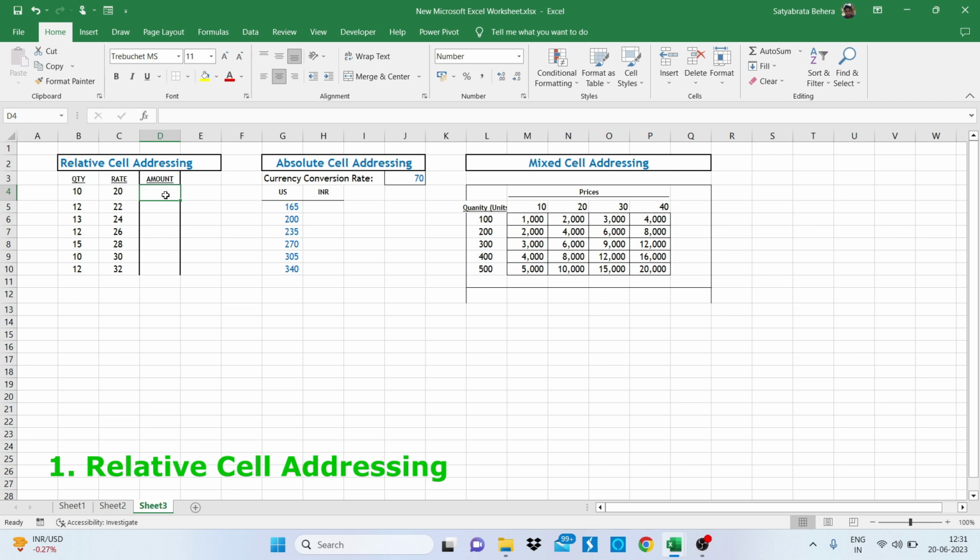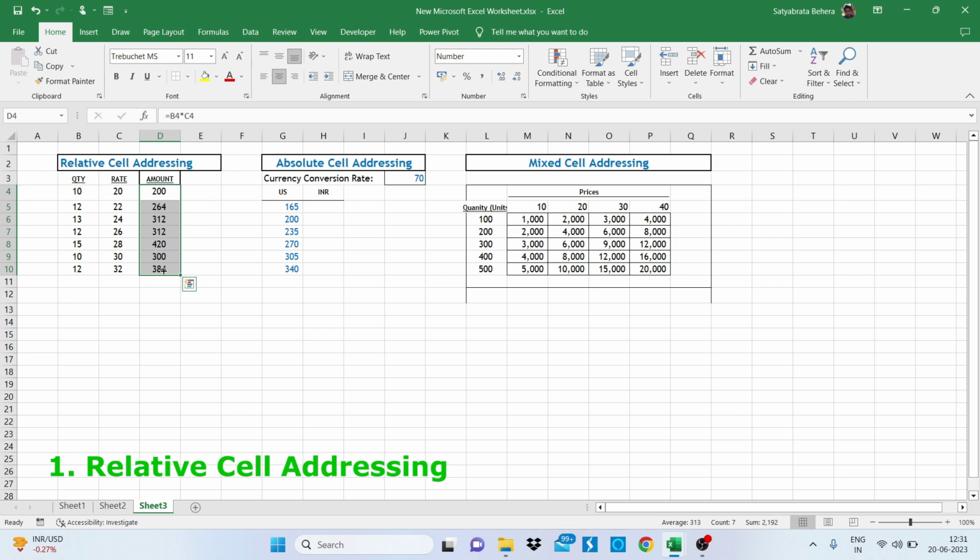Here across the different rows the quantities are changing and the rates are also changing. So we will use simply B4 cross C4 and we will just drag it out.